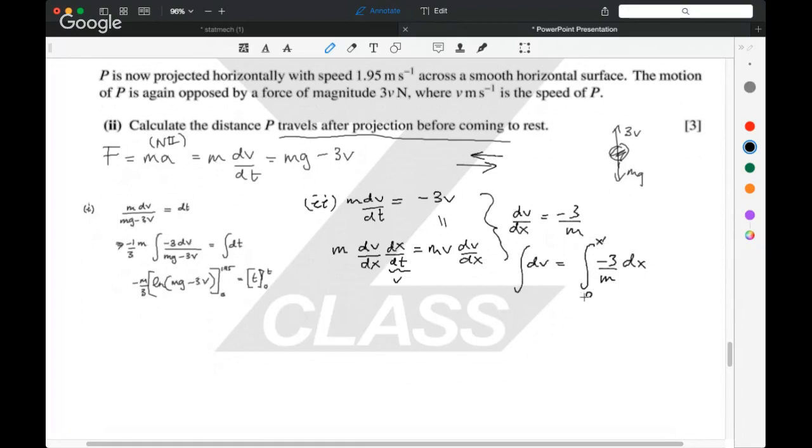When x is equal to 0, what is the velocity? Well, it's 1.95. And when it stops, what is the velocity? Well, it's 0 at x prime. So within those limits, that will solve to give you the right answer.